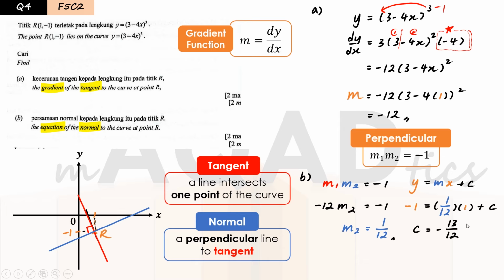So c here would be -13/12 once we adjust the equation. Once we have the gradient and the y-intercept, we can form the equation already: y = 1/12 x - 13/12.